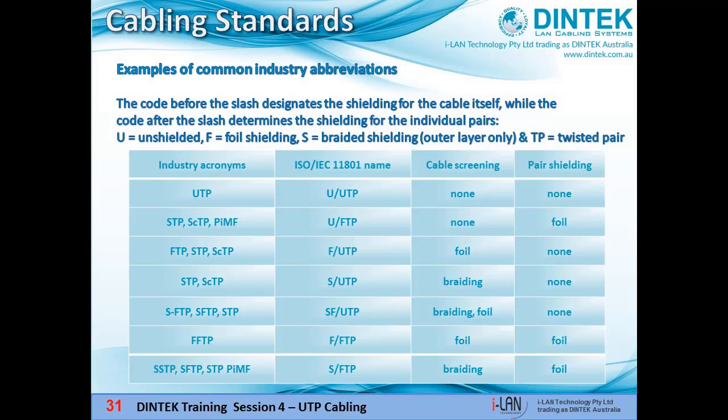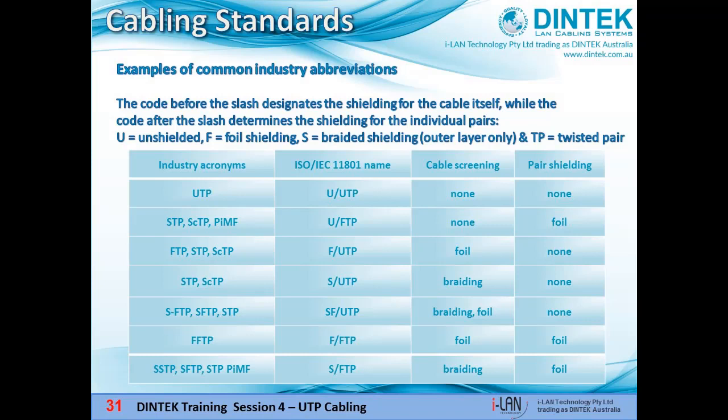U is unshielded, F is foil shielding, S is braided shielding for the outer layer only, and TP stands for twisted pair. For example, U/UTP on the top line there means the outer sheath is unshielded and the individual pairs inside are also unshielded. Unshielded twisted pairs sounds a bit strange though, so we usually just call it UTP.